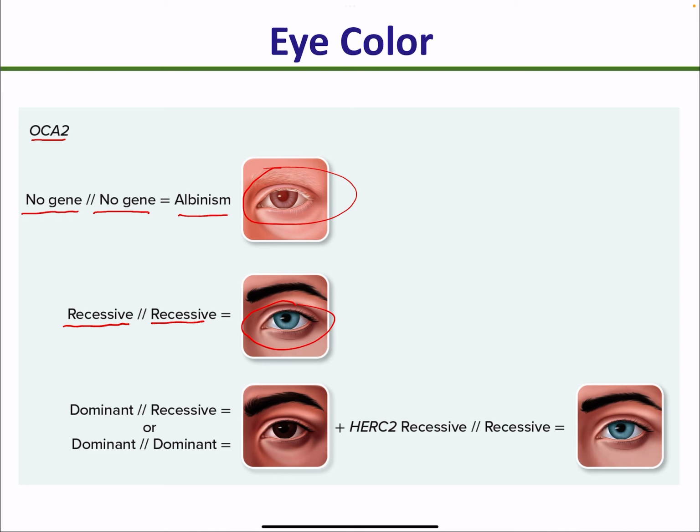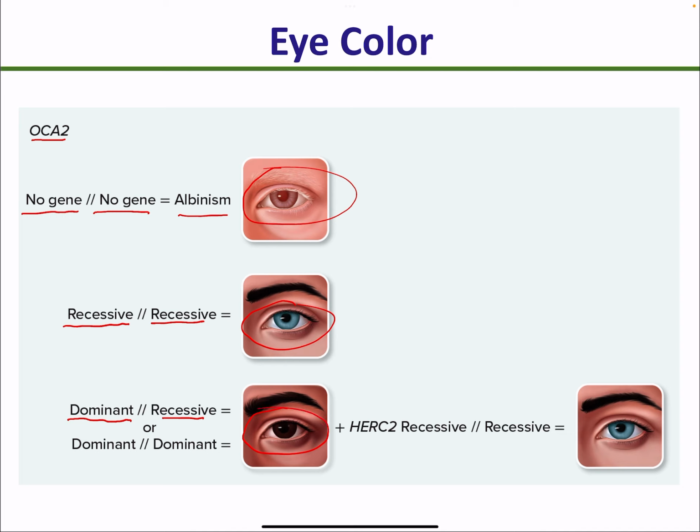However, if the individual has a dominant OCA2 gene, and whether that individual is homozygous dominant or heterozygous, that individual is going to have brown eyes.